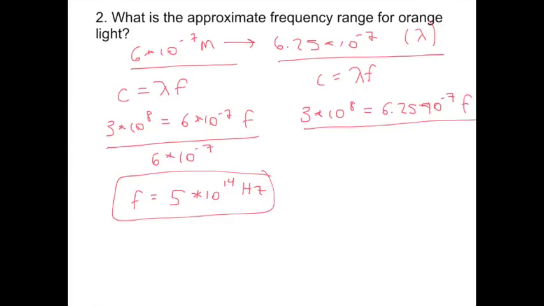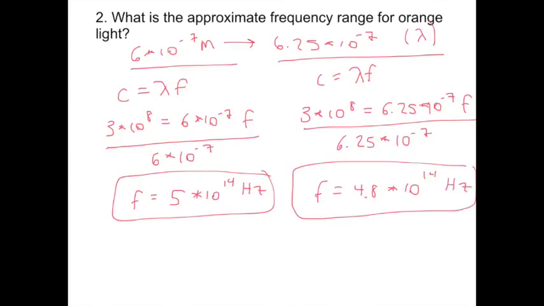If I divide both sides by 6.25 times 10 to the negative 7th, I can isolate f, which is now approximately equal to 4.8 times 10 to the 14th hertz. So now that we have these two values, the lower end and the upper end of the frequency for orange light, we can see that it ranges from 4.8 times 10 to the 14th hertz all the way up to 5 times 10 to the 14th hertz.